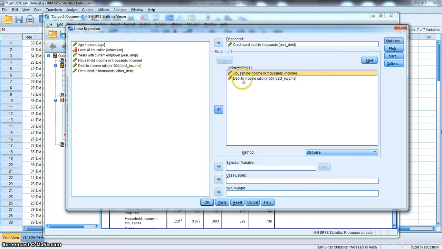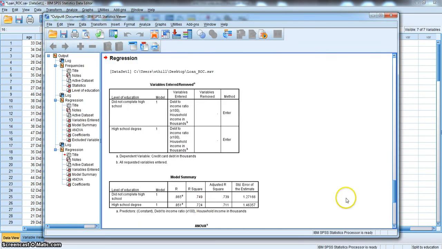These are the two covariates that we found. And then we're going to change this back to enter. And what it's going to do is show us whether or not we have statistically significant effects at each level, right? So click OK.